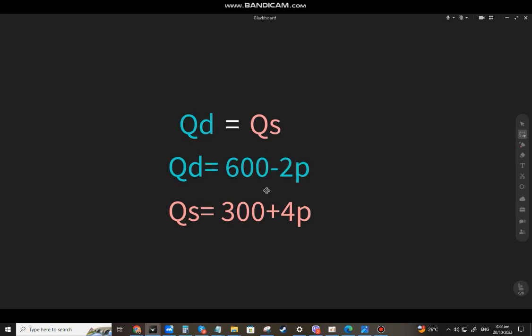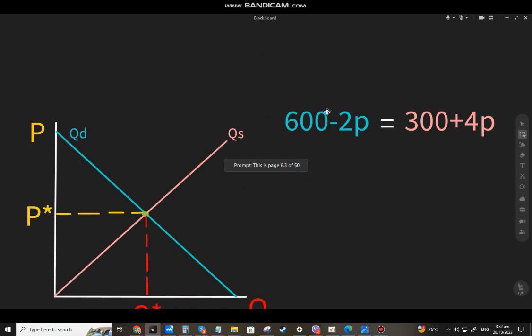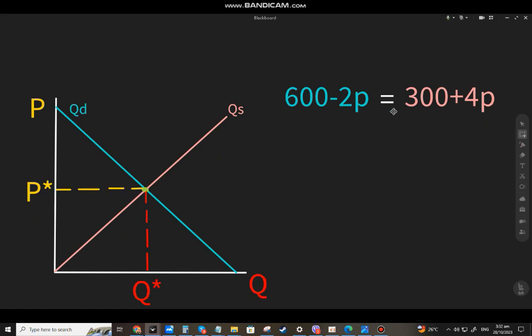Now, remember our given QD is 600 minus 2p and QS is equal to 300 plus 4p. Okay, so for this one, we have to equate them. So 600 minus 2p is equal to 300 plus 4p. This is just basic algebra. We want to find the variable p so we can know the answer.